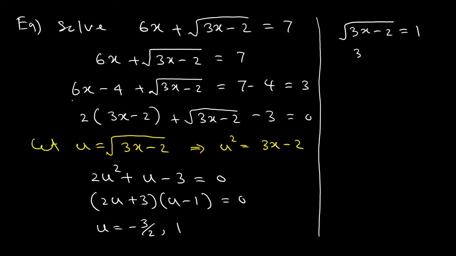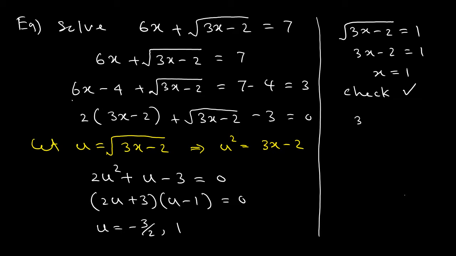Then you get 3x minus 2 equals 1. So this says that x equals 1. Now we're going to check. You can always check in the original equation. If you plug that into the original equation, you're going to see that it works. Once you substitute x equals 1, you see that 6 plus 1 is equal to 7. So that works. So let's do the other one.